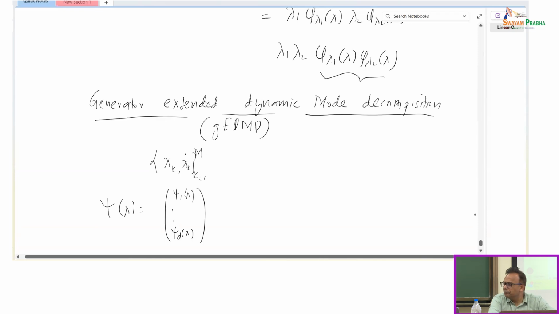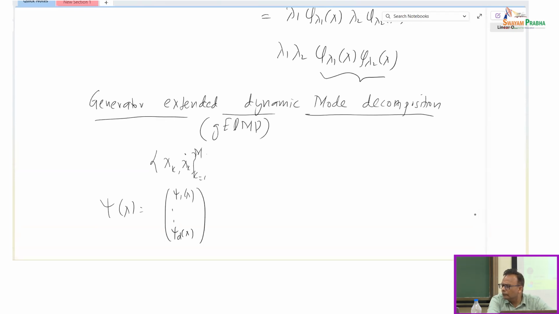Now you define your psi of x at the data points, which is psi of x1 to psi of x m.